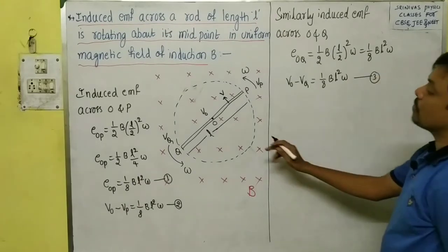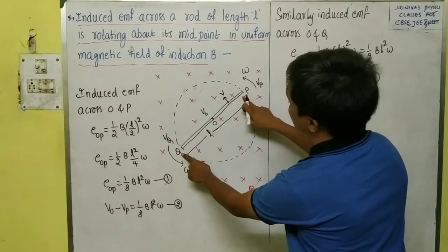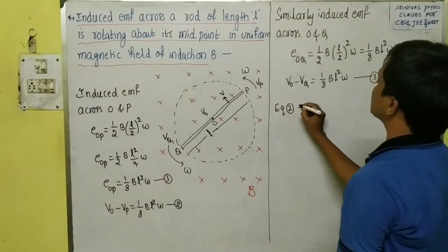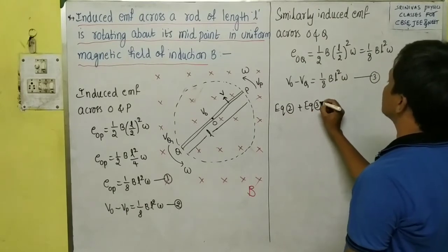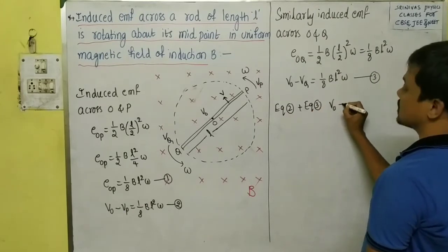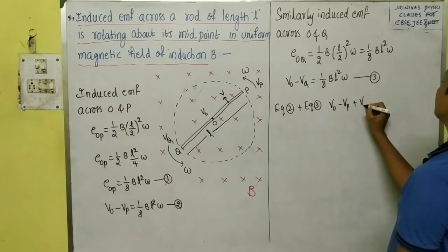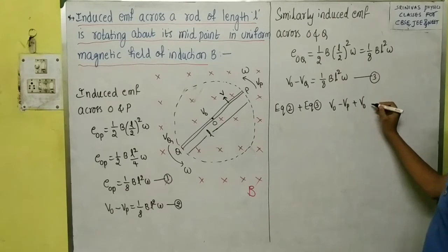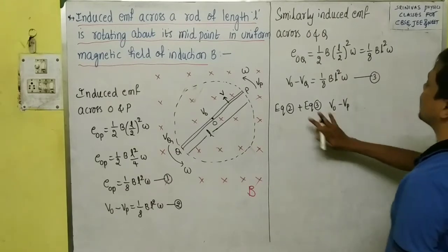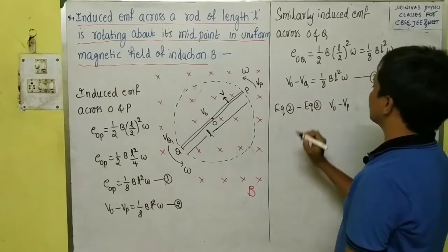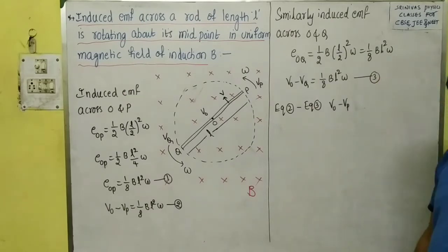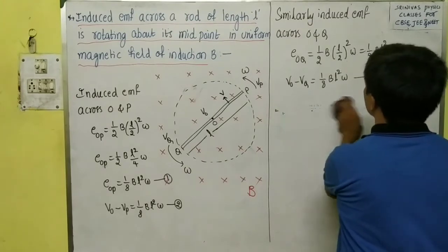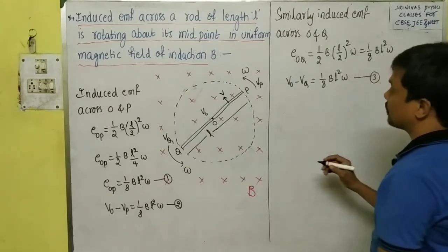I want the potential difference across PQ. For that, instead of adding, we can subtract equation 2 from equation 3, to find VP minus VQ or VQ minus VP, whatever it may be.